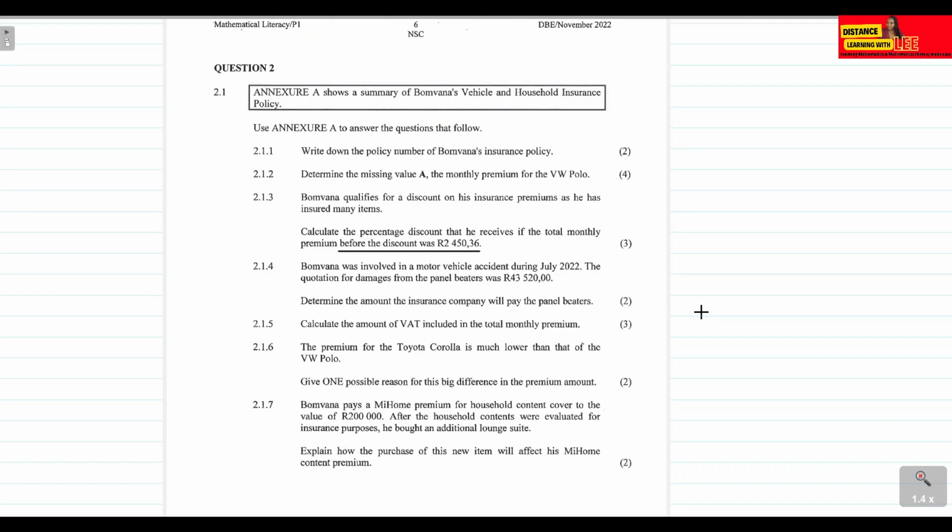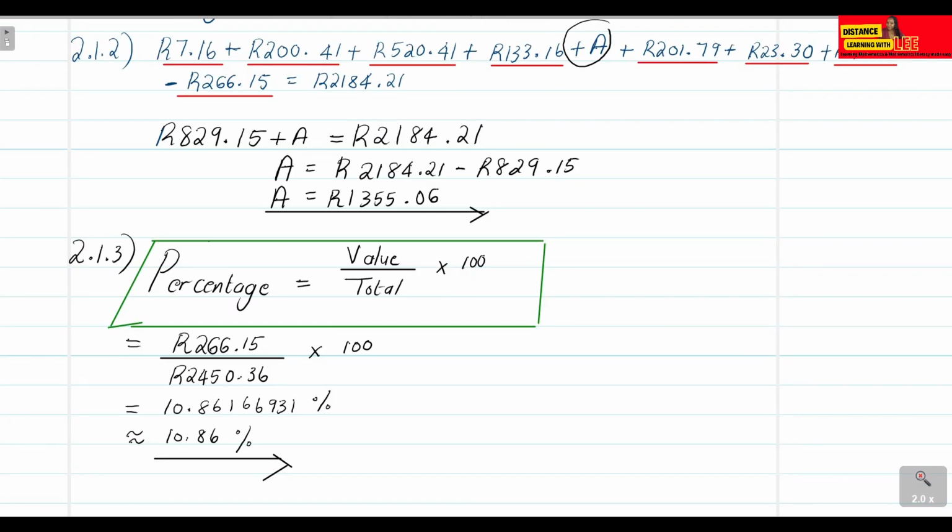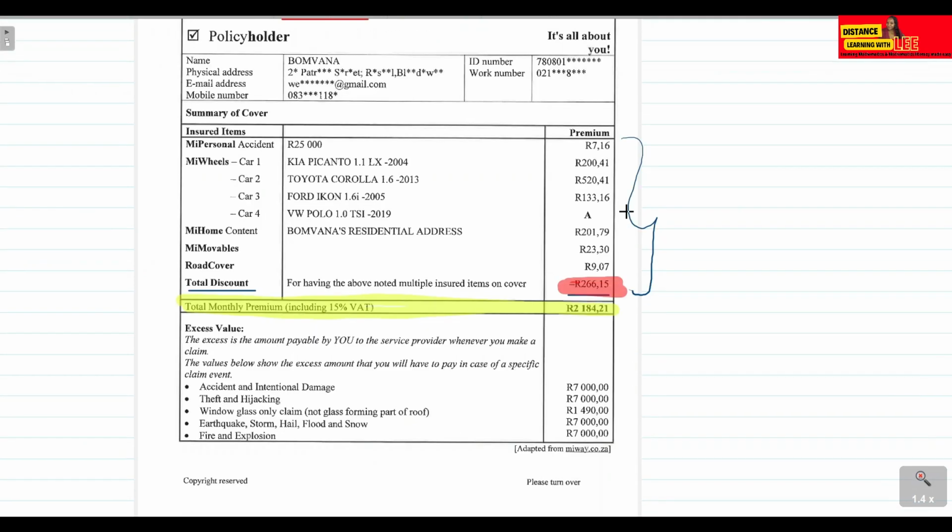Remember, we spoke about this amount called excess. When we had a look at this insurance policy document, we were given these excess values, and I explained that an excess is an amount that you have to pay when you're making a claim. Basically, they're making you pay to claim the money that you've been putting into this insurance for when you get into an accident.